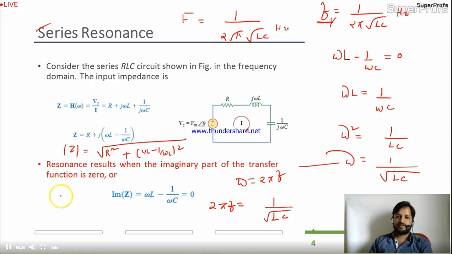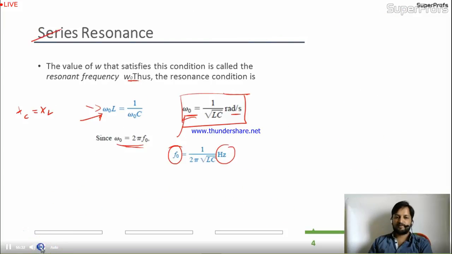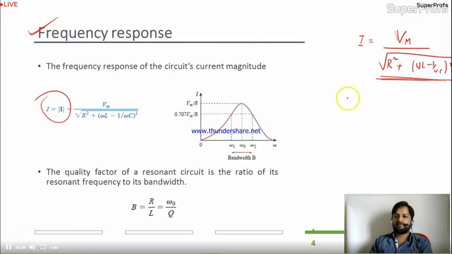Mod Z is given over here, and the current is nothing but Vm by mod Z.